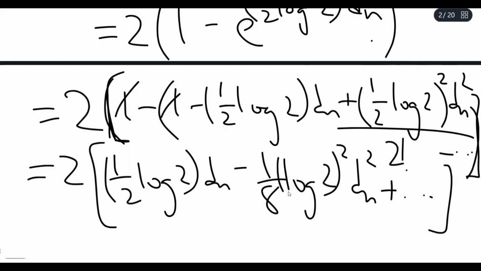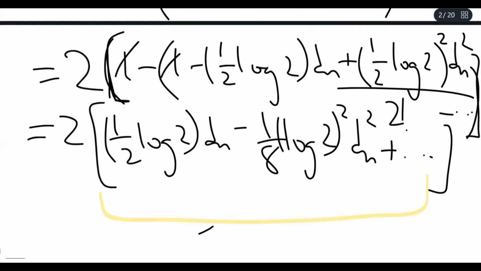Now, the nice thing is that these terms are alternating in sign, but they're decreasing rapidly in absolute value. So in fact, this will always be less than just the first term.